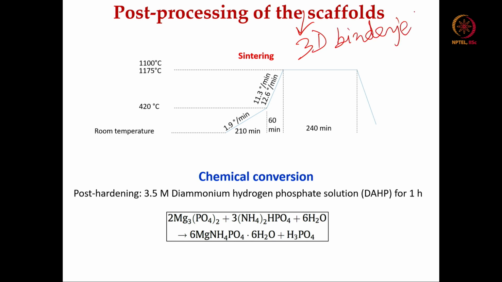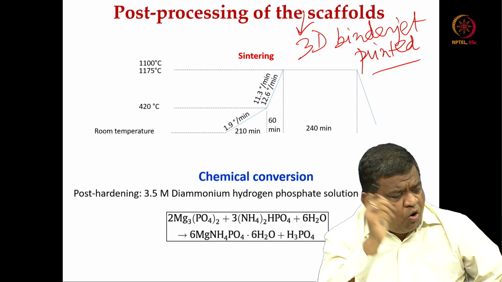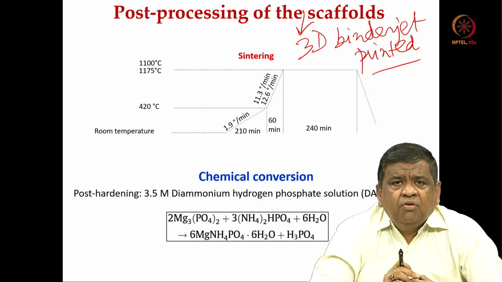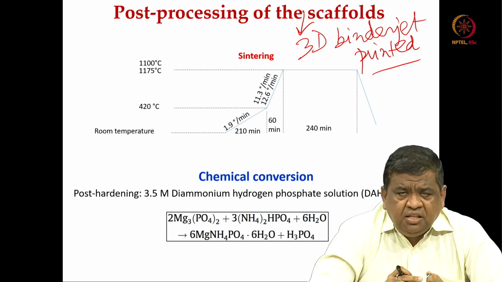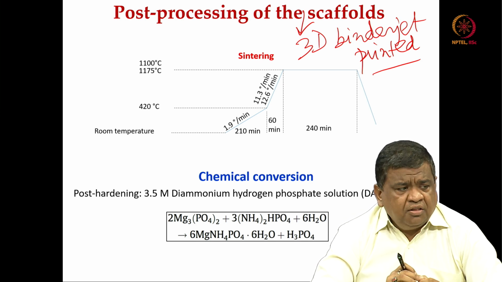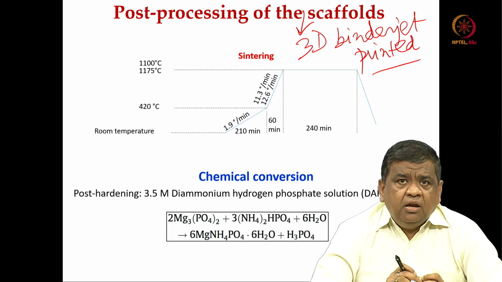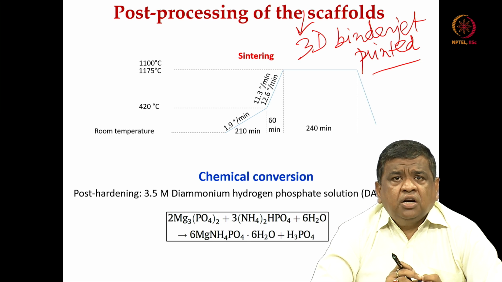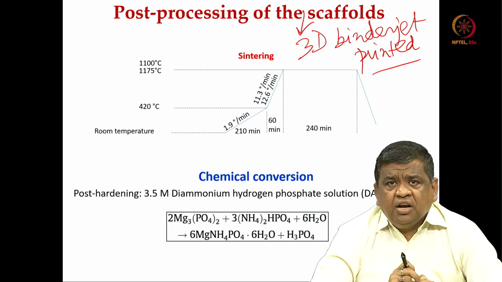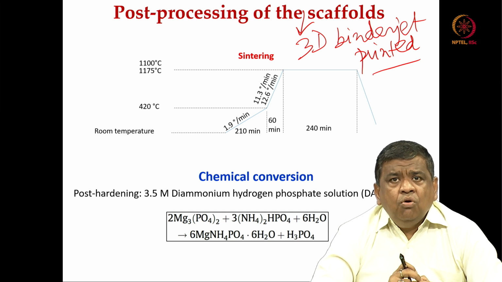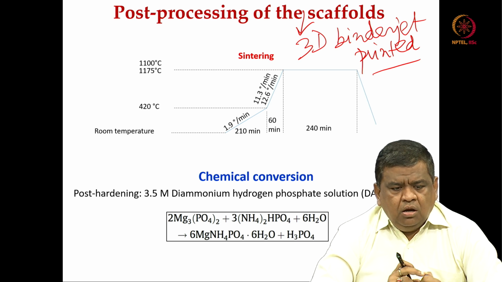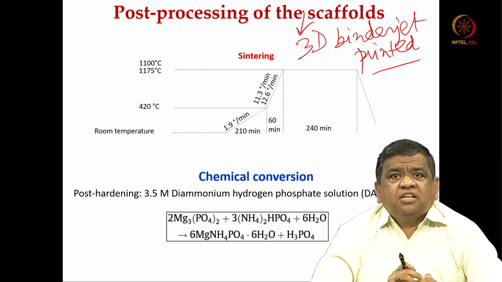I would like to bring to your attention the fact that in all the scientific case studies you have seen so far, and what you will see in this particular case study and further, we have not only shown you how different kinds of binder can be formulated, but also how to tailor the post processing treatment of these scaffolds.